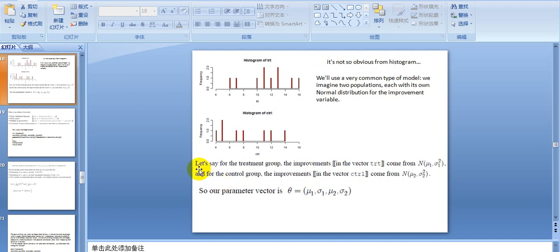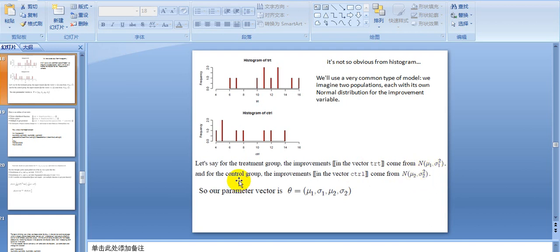Let's say for the treatment group, the improvements, in R we actually put the data in trt, they are IID from a normal distribution with mean mu1 and variance sigma1 squared. And for the control group, the improvements, the data actually in the vector control, are IID from a normal with mean mu2 and variance sigma2 squared.